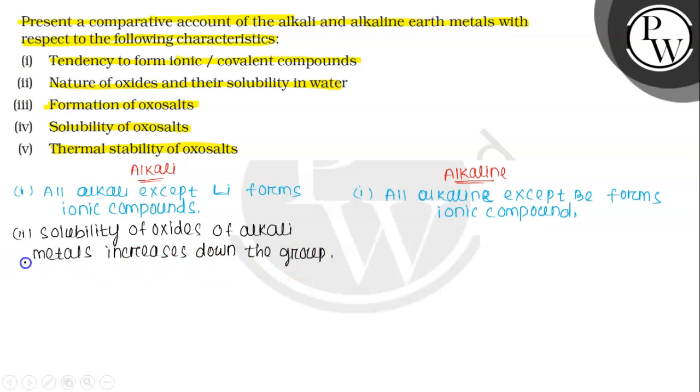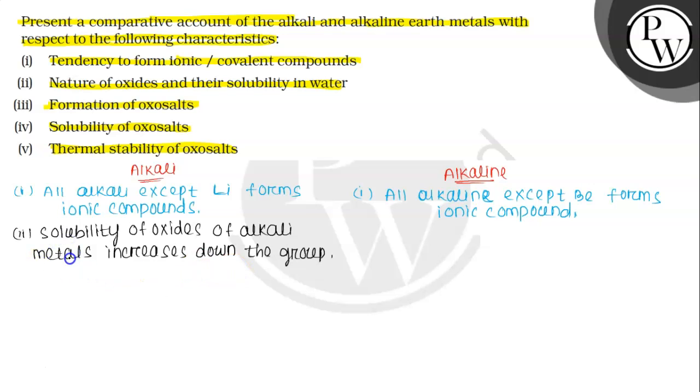When we move from top to bottom, the size increases and the thermal stability decreases. So as thermal stability decreases, the solubility of oxides of alkali metals increases down the group.